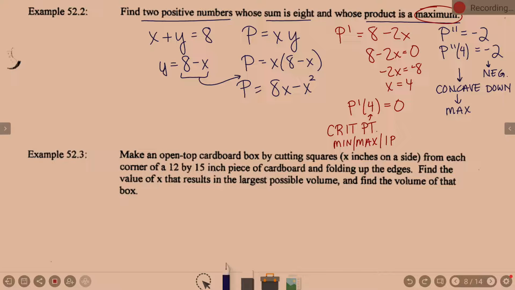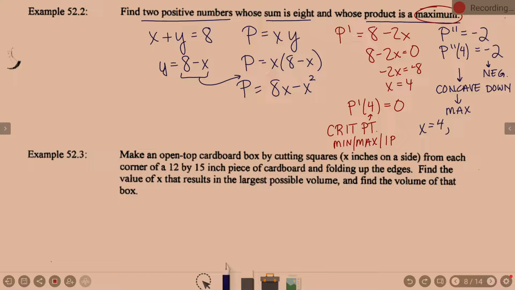So, find two positive numbers whose sum is 8 and product is a maximum. Well, we know one of the numbers, right? One of the numbers is 4, because that's my max. X is 4. Well, what do we know?